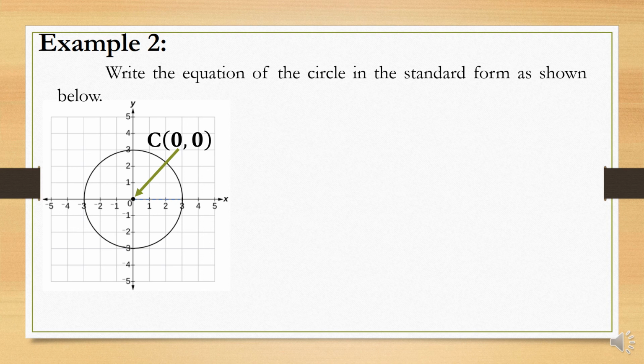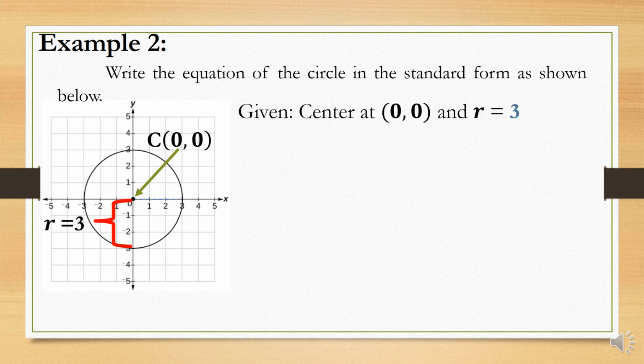And how about the radius of the circle? So let us count. We have 1, 2, 3. So we have 3 units. We already have the center and we already have the radius.